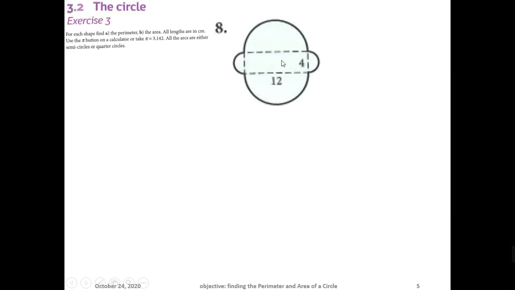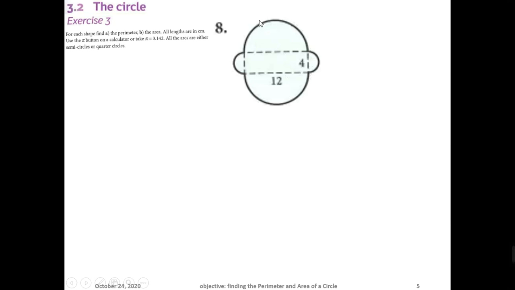One more thing that I would like to hint here is the length of the radius, which is the distance from the center to the circumference. So the diameter here is 12, so the radius is going to be 6, half of the 12. And the diameter of the small semicircle is 4, so the radius is half of 4, which is 2.